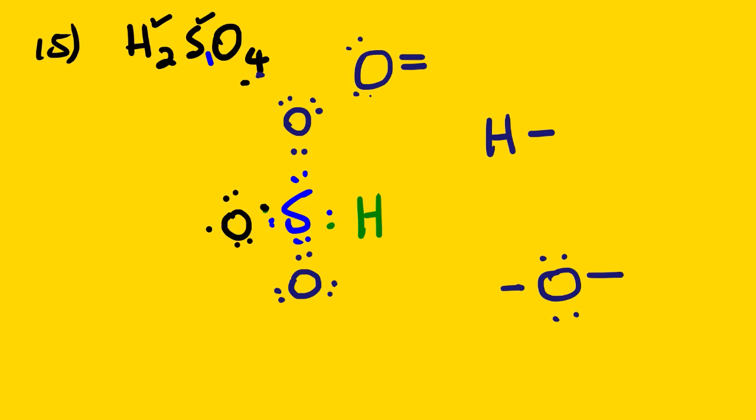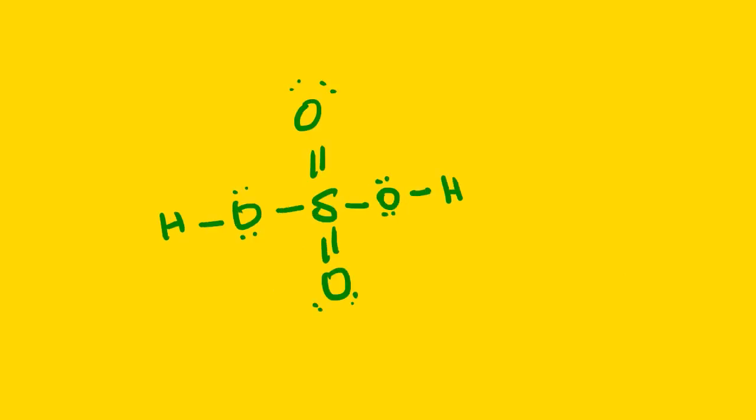One of the electrons will be here bonding with sulfur, and then we can put back our hydrogen here to bond with this oxygen. Then we do the same thing here. Then lone pairs, and if you can check, everything is satisfied. And then looking at the actual structure, we are going to have something like this.